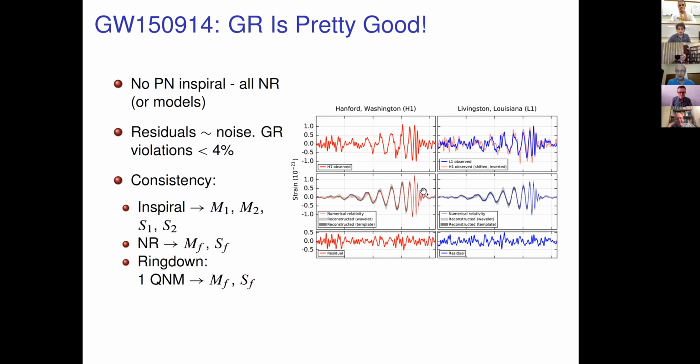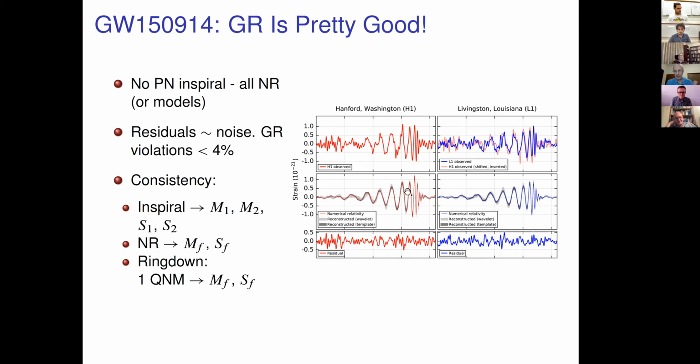In the second panel, some smoothing has been done on the data, some filtering of the noise. And so the red here is a numerical relativity simulation that fits the data very well. This was done by our SXS collaboration. And then if you look carefully, you'll see a gray band underneath there with a little width. That represents the smooth data up here with some error bars on it.